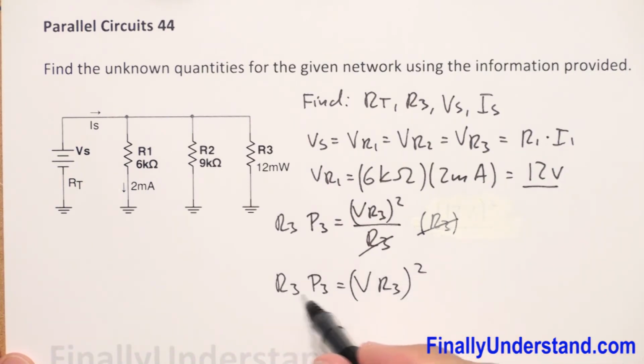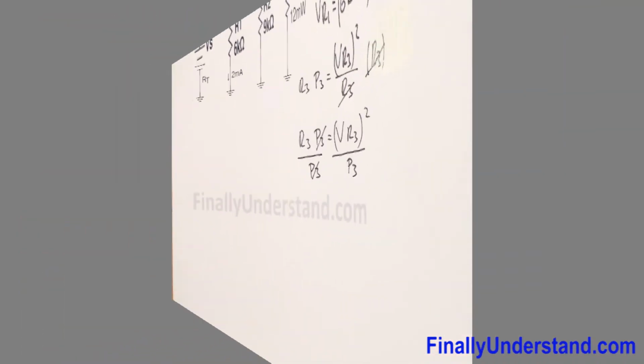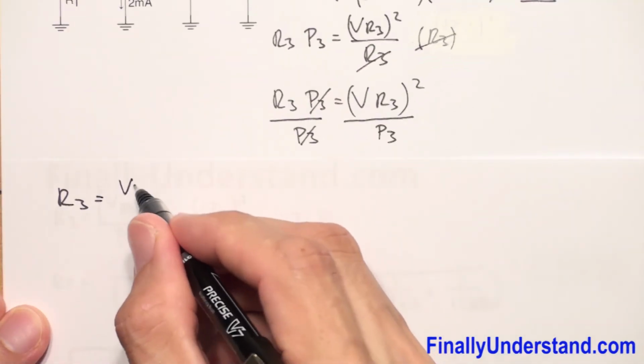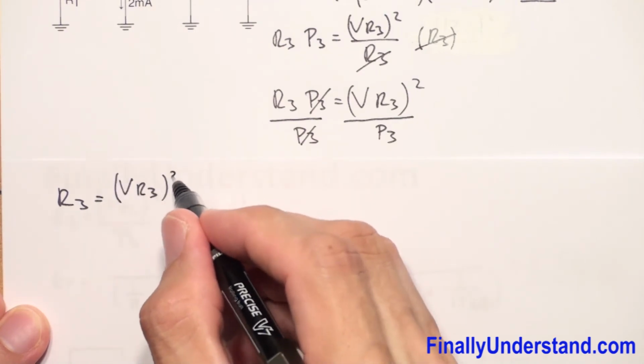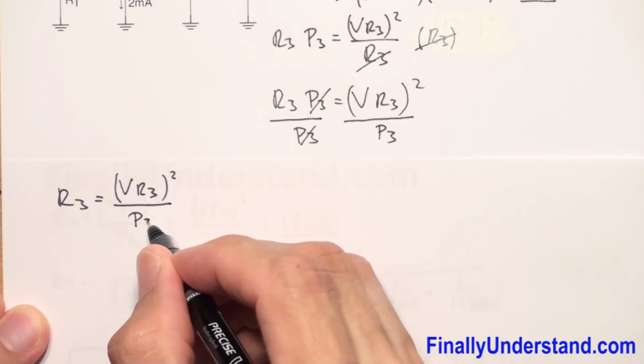Okay, I'm looking for the resistance, so I have to divide both sides of my formula by P3. So P3 and P3 will cancel out. Okay, and I'm going to have R3 is equal to VR3 to the second power over P3.